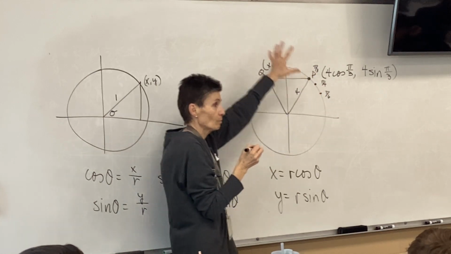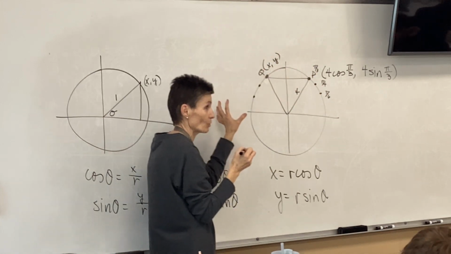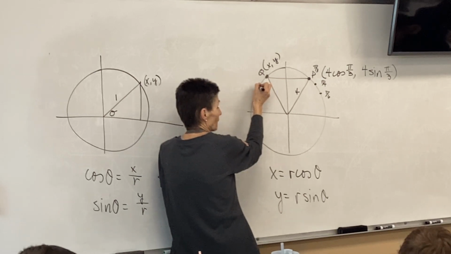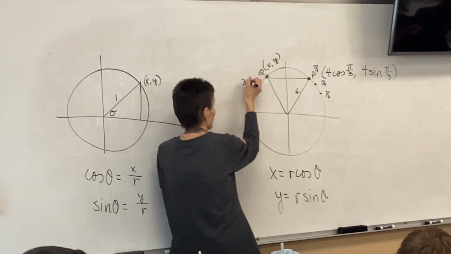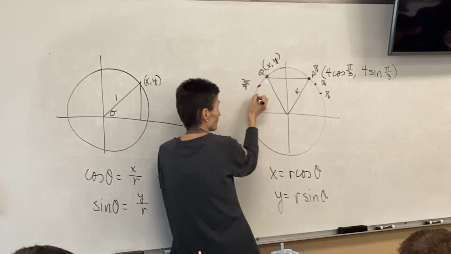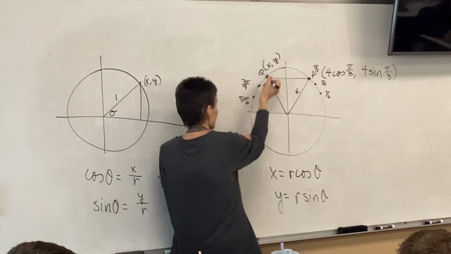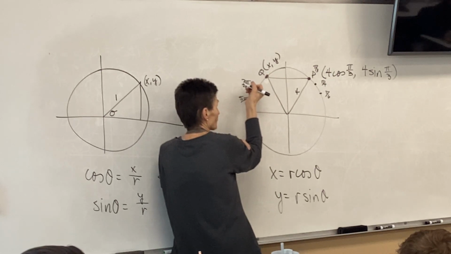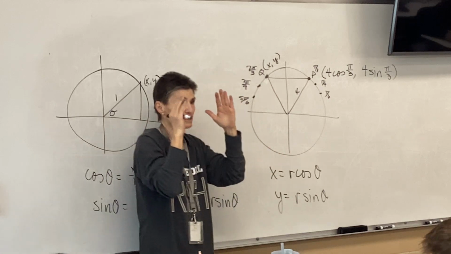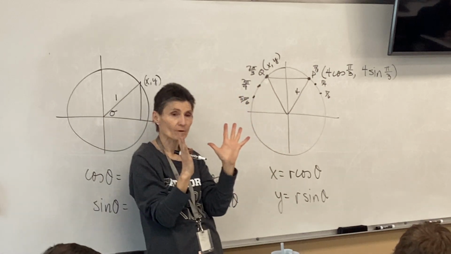Now, we're continuing on around the circle. What's this one right here in the middle? 3 pi over 4. Mm-hmm. What's this one right here? 5 pi over 6. Perfect. What's the one I'm looking for? 2 pi over 3.